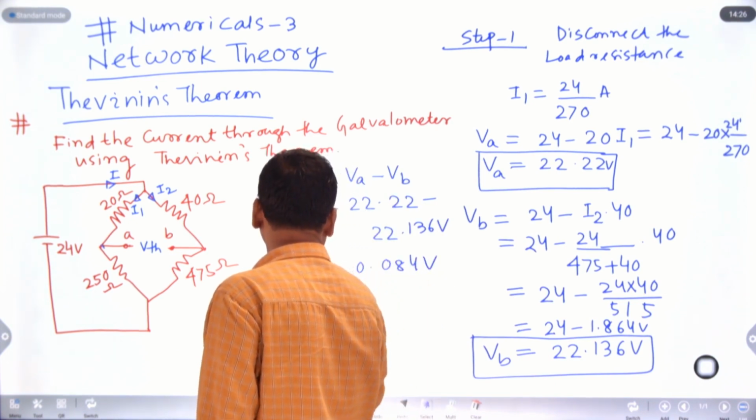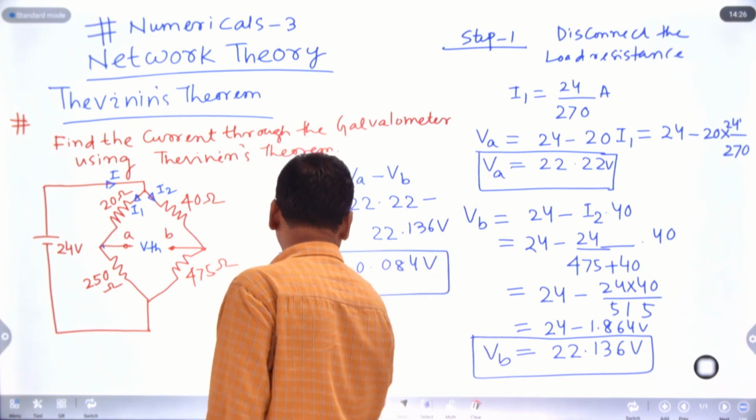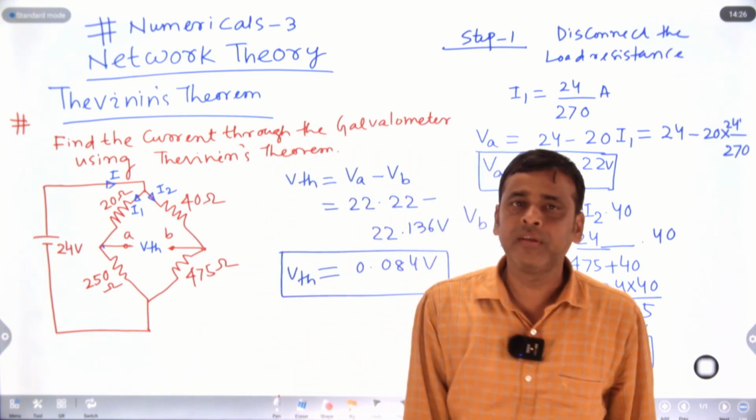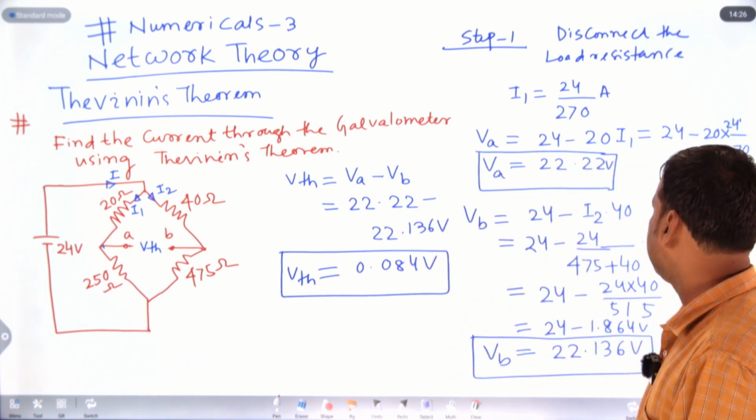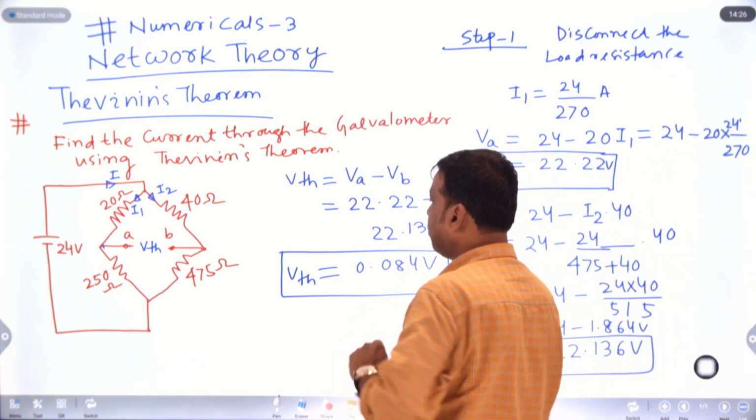This is nothing but VTH, Thevenin's voltage or open circuit voltage. So VTH equals 0.084 volt.